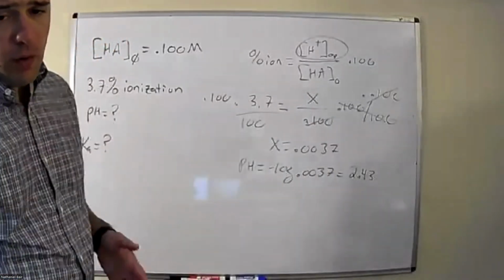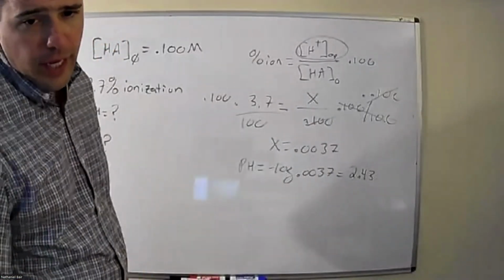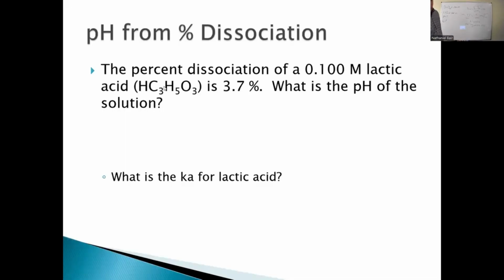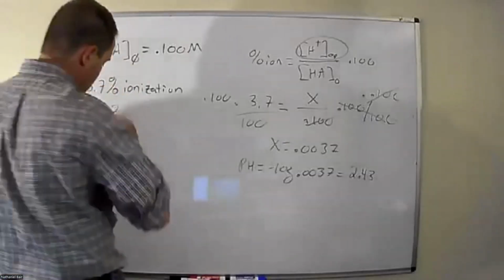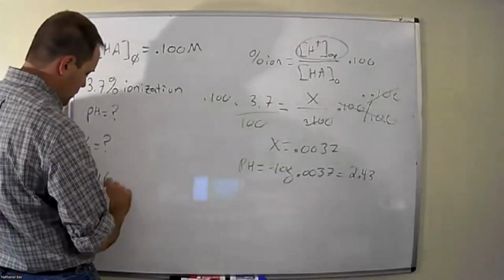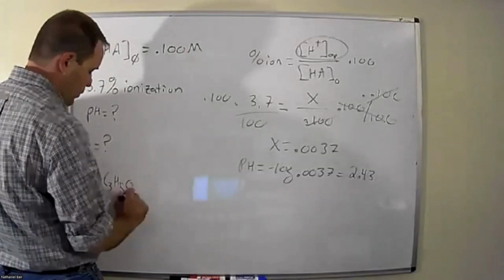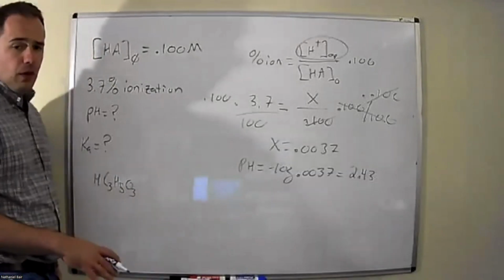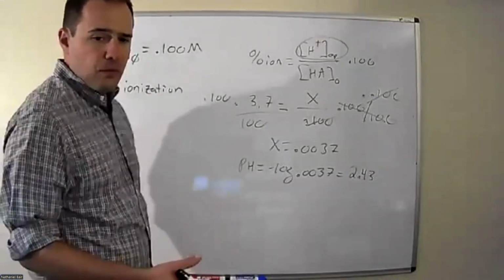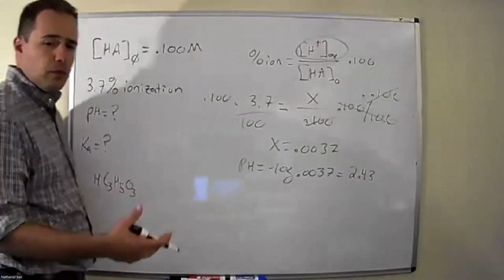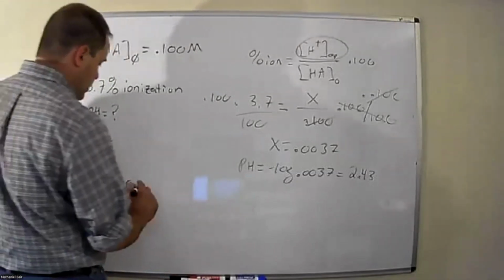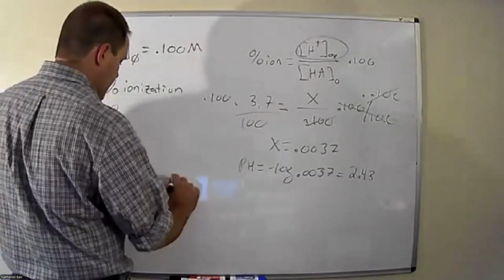Now, the extension of this problem wanted the Ka. So if we go back, we can grab the formula of lactic acid, because it didn't matter up until now. It's HC3H5O3. So now what we can do is write a dissociation equation, write a mass action expression, make an ICE table, and solve for the Ka. So we're going to do a dissociation equation.